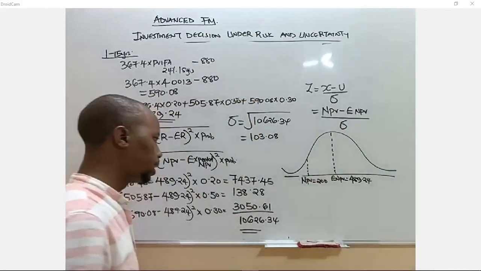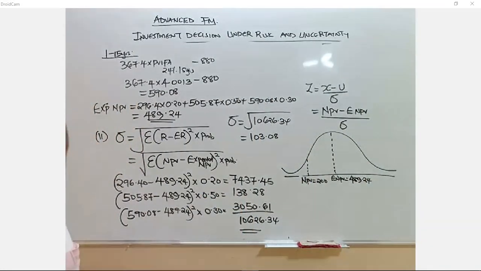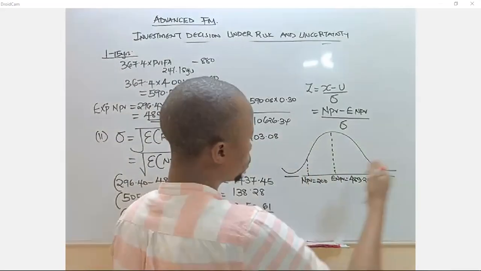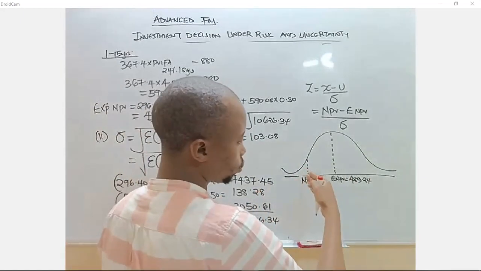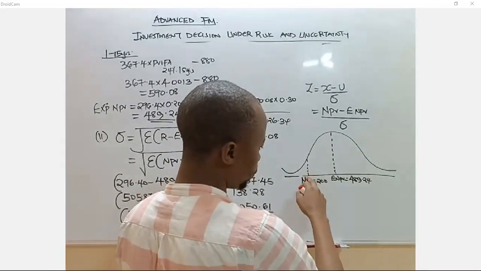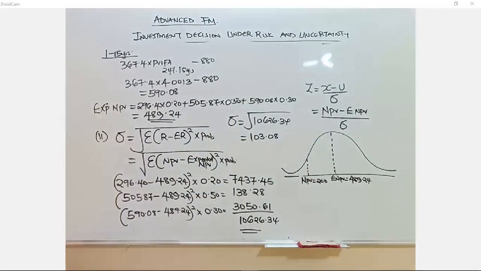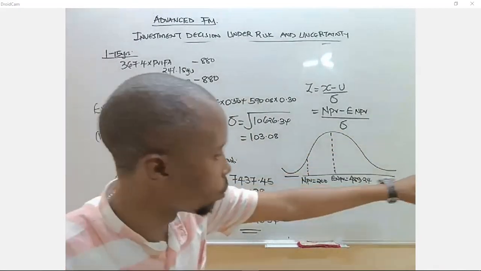If it drops below 200, the company will expose itself to financial distress. So we are being told to determine the probability that the firm will avoid financial distress. That is the upper side, because if it falls below here, it will expose itself to financial distress. So if we don't want to expose itself, it is the NPV point and above. Now, the one thing that you need to understand about the normal curves is that the area under the curve is always equal to 1.